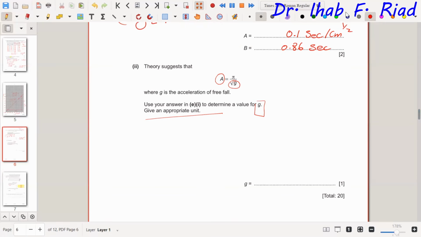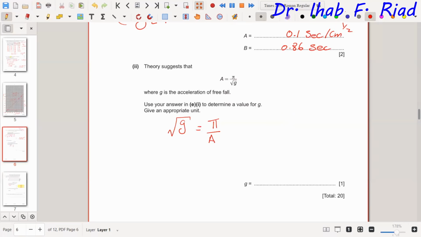Yes. Okay. So from this equation, can we write it for g? Square root of g is equal to pi over A. So what about g itself?